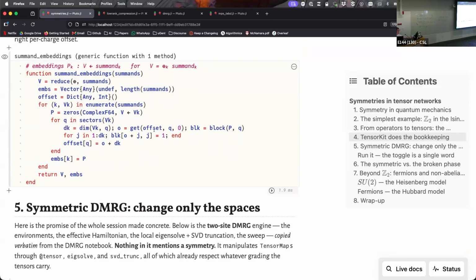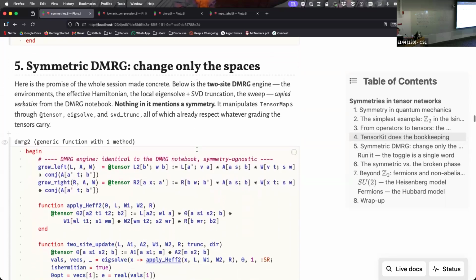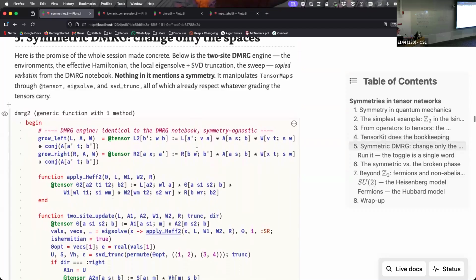Exactly. So I'm showing off Z2, but the library works with finite groups and SU2 and U1, and I'll show a little bit of that at the very end. What's kind of cool is that all of the code that we wrote is not actually making use of the fact that these tensors are not symmetric.